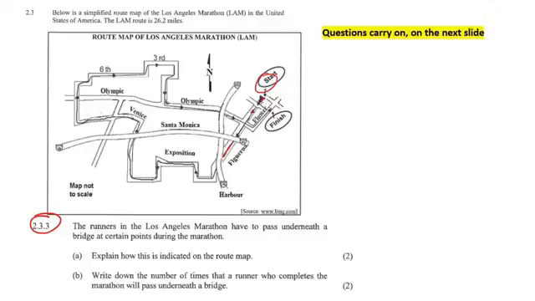So for example, there's a road, and then there's a road, and what happens is that they draw like an arrow, and then they draw it like that. They don't draw it over.